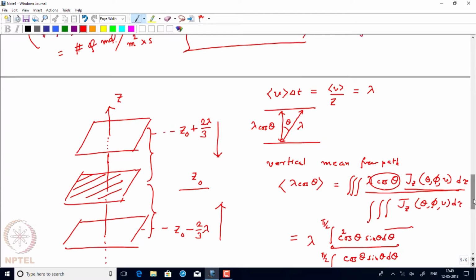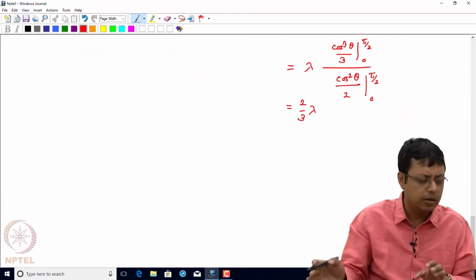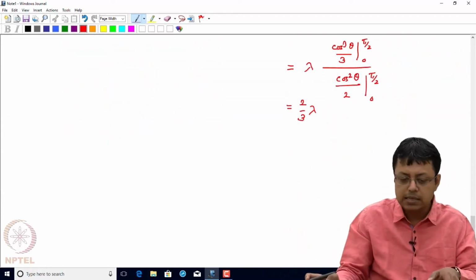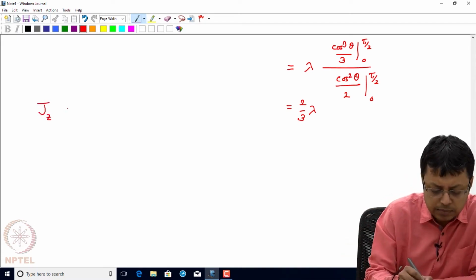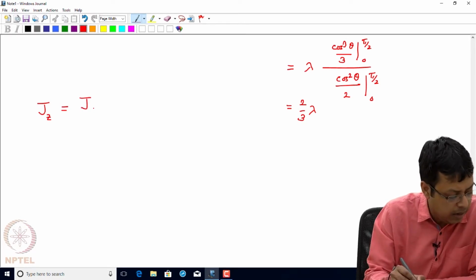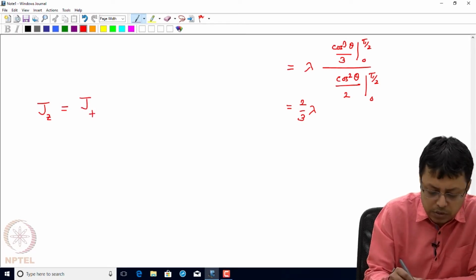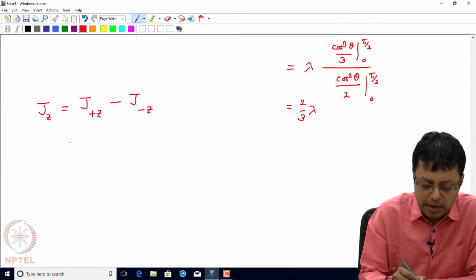So now how will I calculate it? It's also very easy. We'll just use a phenomenological notation, in the sense that we are saying, okay, let us calculate the net flux, and this net flux will be the net positive flux which is going in the plus z direction, and also I have to subtract the net negative flux.